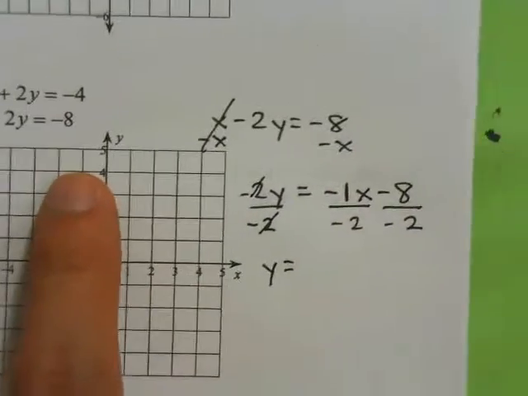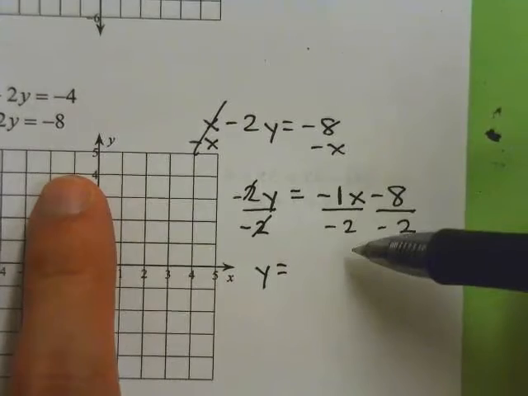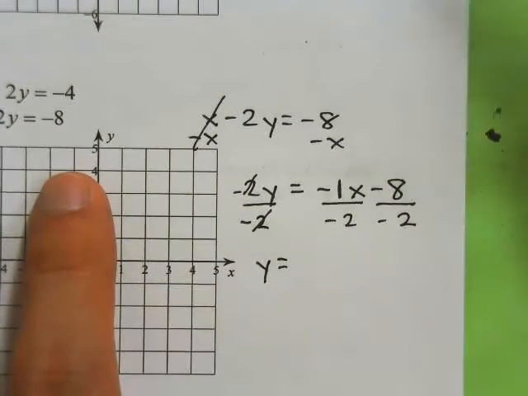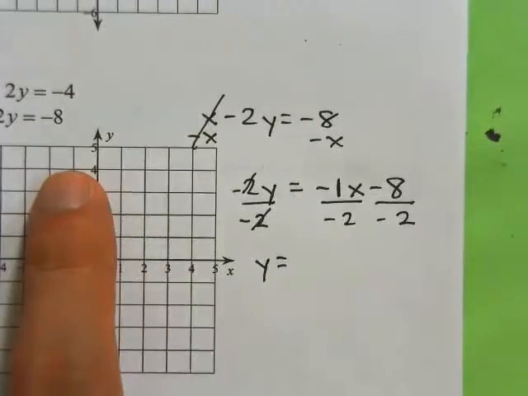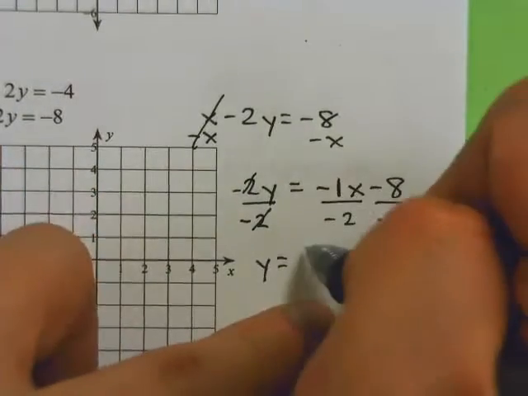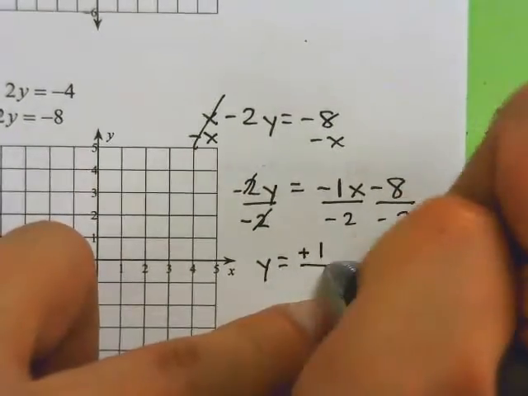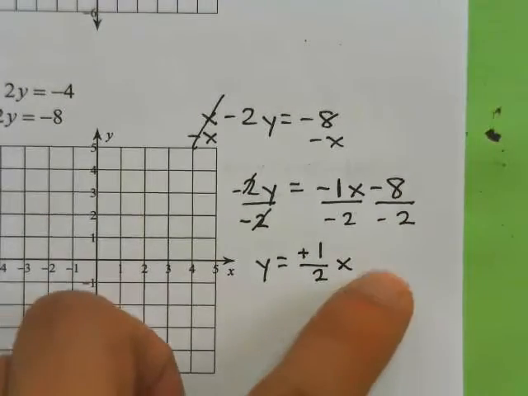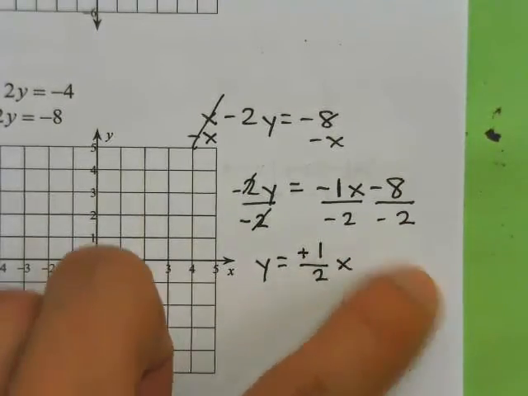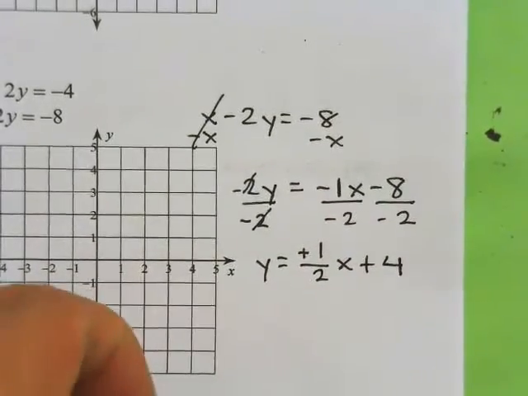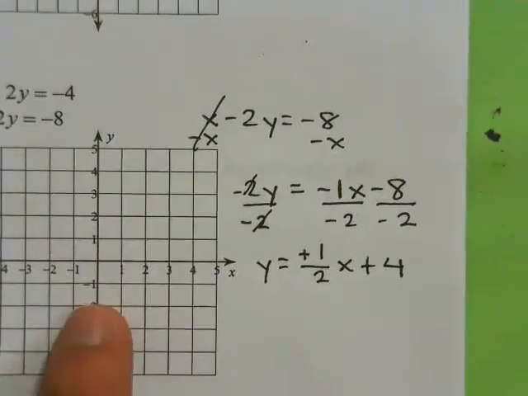What I mean by this is, what is negative 1 divided by negative 2? Is that negative or positive? It's positive, so please be careful. All the rules that you guys have learned in previous courses, apply those as well. Okay, so this is going to be positive 1 over 2x. And then what is negative 8 divided by negative 2? Positive 4. So please be careful with the double negatives. That will turn into positive.